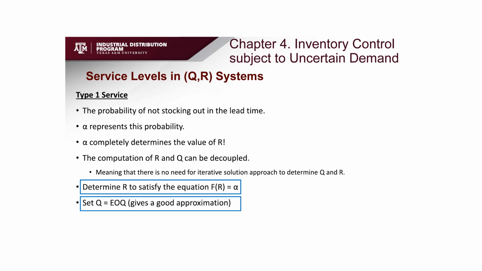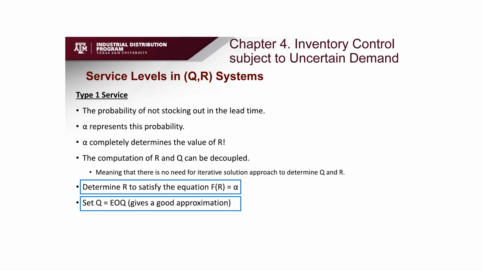All right, let's formalize type 1. Alpha is the probability of not stocking out in the lead time, and alpha completely determines R. Now, with type 1, R and Q decouple, you can solve them independently. To find R, you set the cumulative distribution of lead time demand equal to alpha, that's F(R) = alpha, and read off the reorder point.